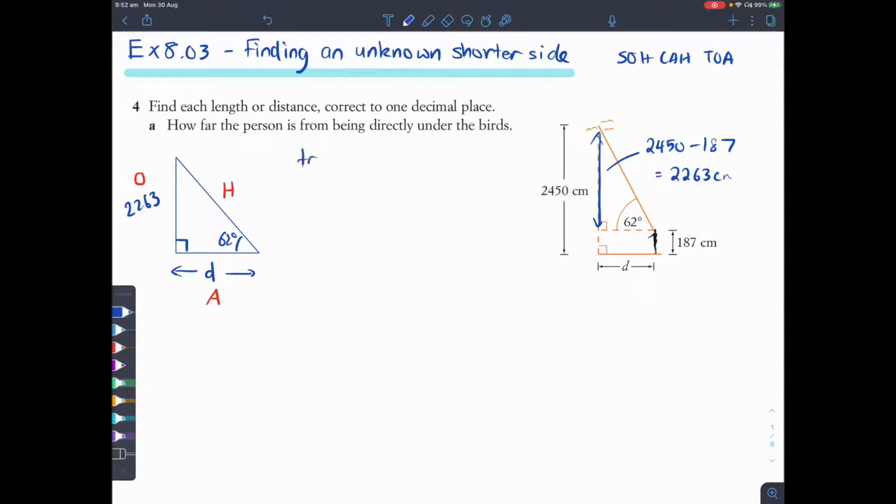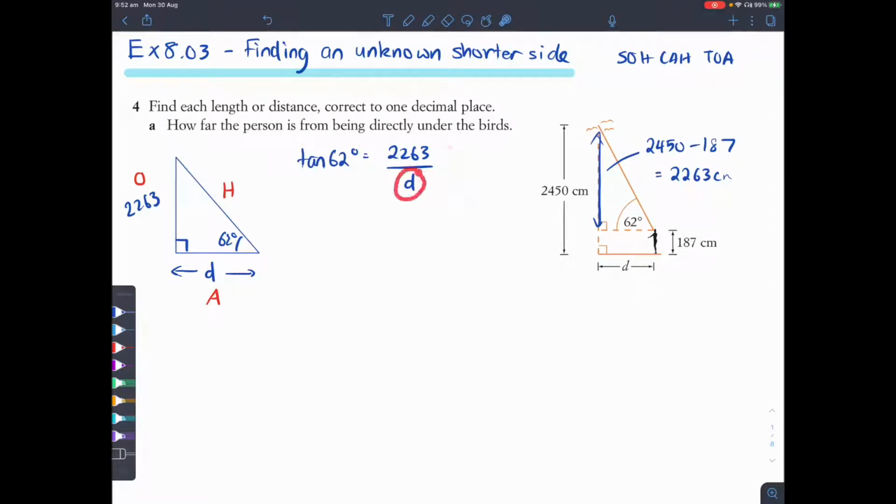So tan of 62 degrees, according to this angle, is going to be the opposite side, which is 2,263, over our adjacent, which is D. Now, from this point onwards, we have to choose what technique to use to find D. D, or some unknown value, can be on the numerator or the denominator.